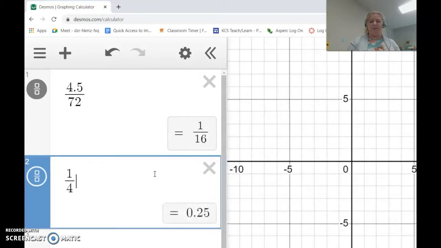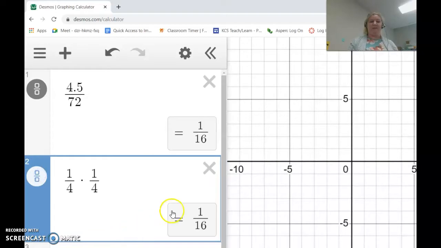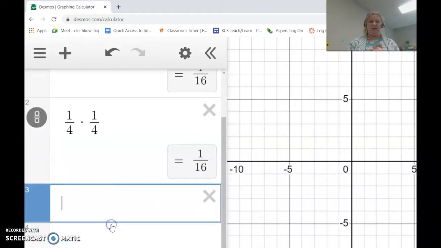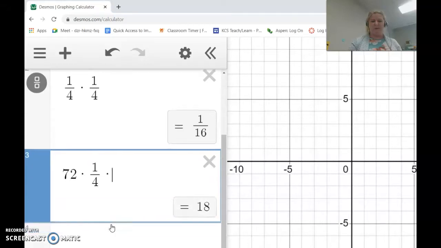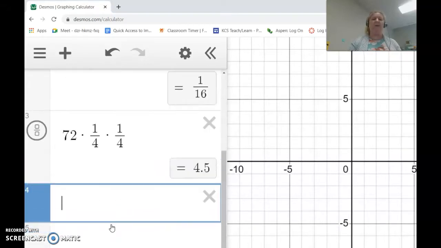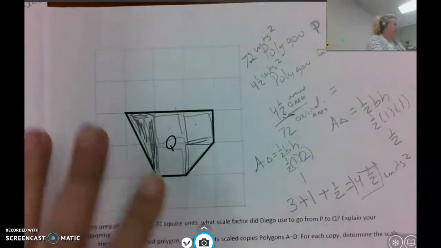Let's double check. 1/4 times 1/4. Let's look at that as a fraction, 1/16. And if I'm correct that 1/4 is the scale factor, then I can take the original area times the scale factor times the scale factor, and get 4 and a half, which is my new area. So that was correct.